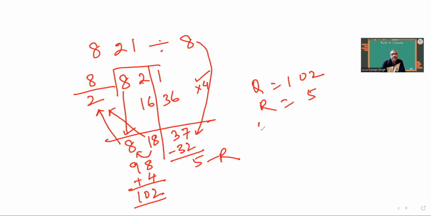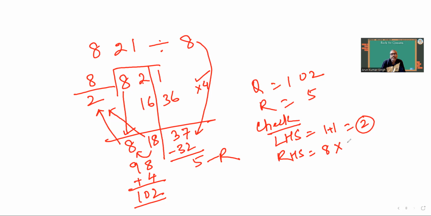Let's check. So checking. LHS will be 8 plus 2 plus 1. So 10 plus 1, 11. 11 means 2. The answer should be 2. Let's see here. So RHS will be how much? The divisor is 8 and quotient is 102 plus 5.